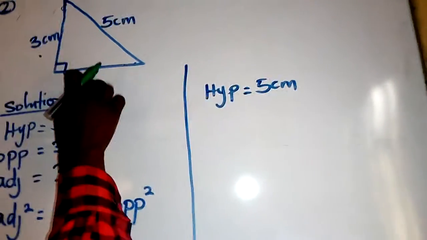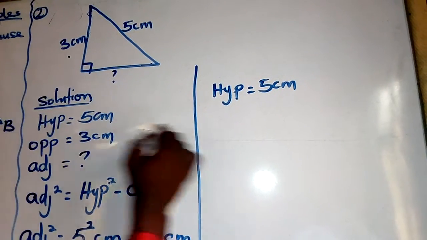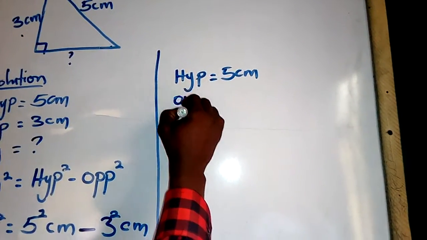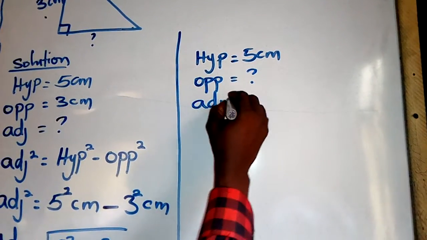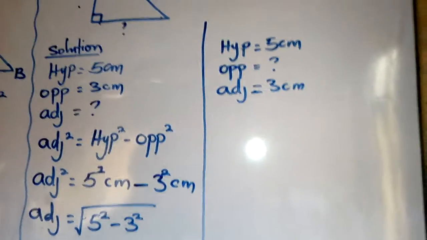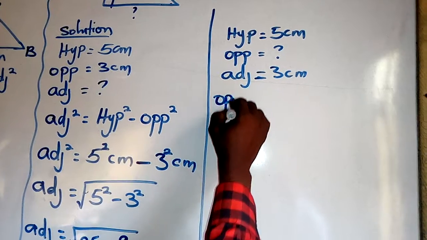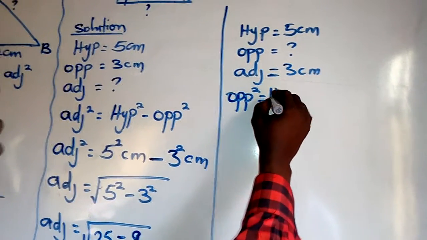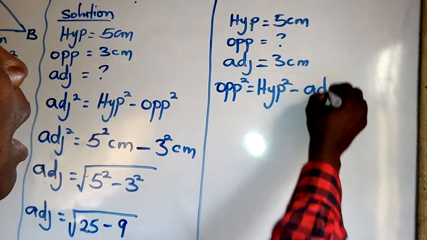If you take this other side to be adjacent, your opposite is unknown and your adjacent is 3 centimeters. So to look for opposite, opposite square is equal to hypotenuse square minus adjacent square.